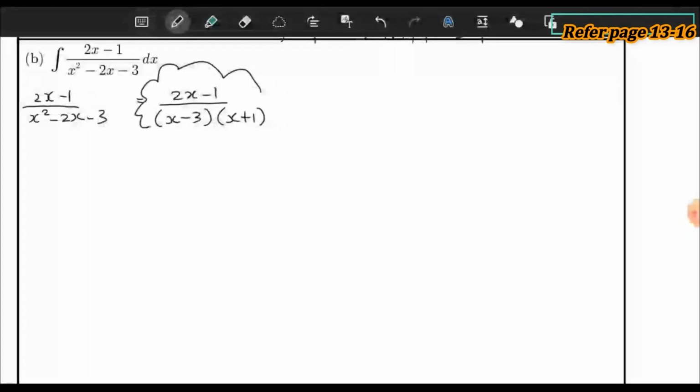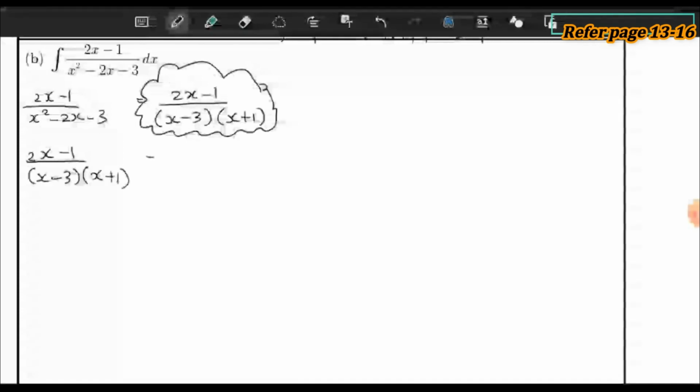Now, we will write the fraction in the general form of partial fraction. We have 2x minus 1 over x minus 3 x plus 1 equal to a over x minus 3 plus b over x plus 1.